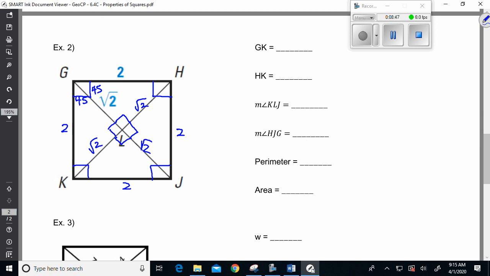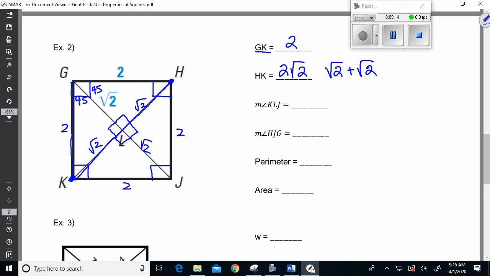Now let's go ahead and solve it. GK is equal to 2. All the sides of a square are equal. H all the way to K, that's the square root of 2 plus the square root of 2, which is equal to 2 square root of 2.